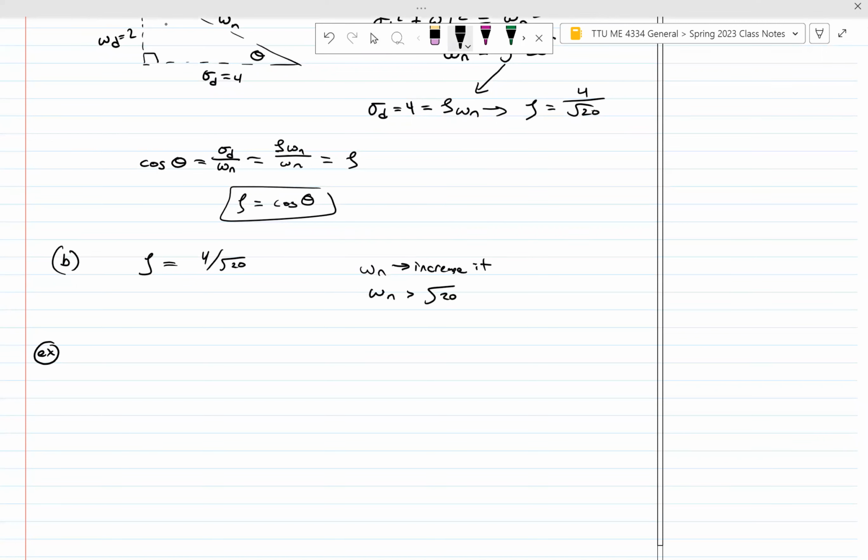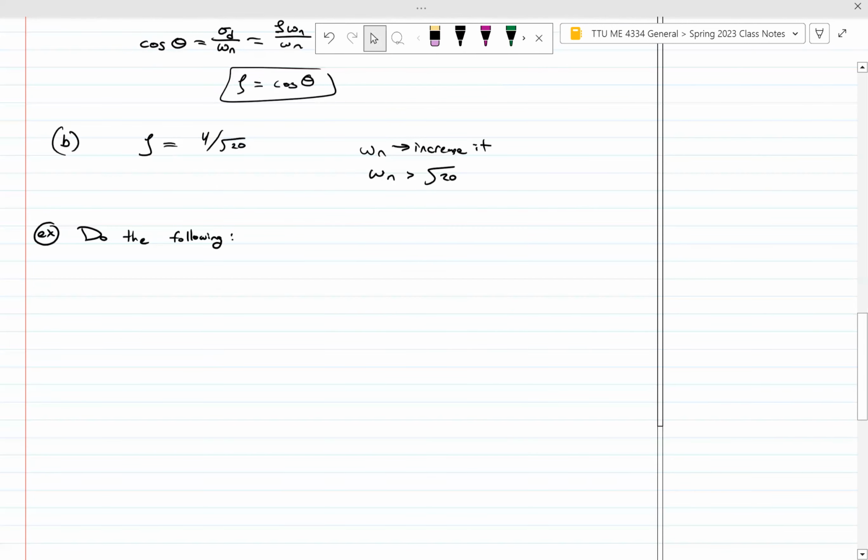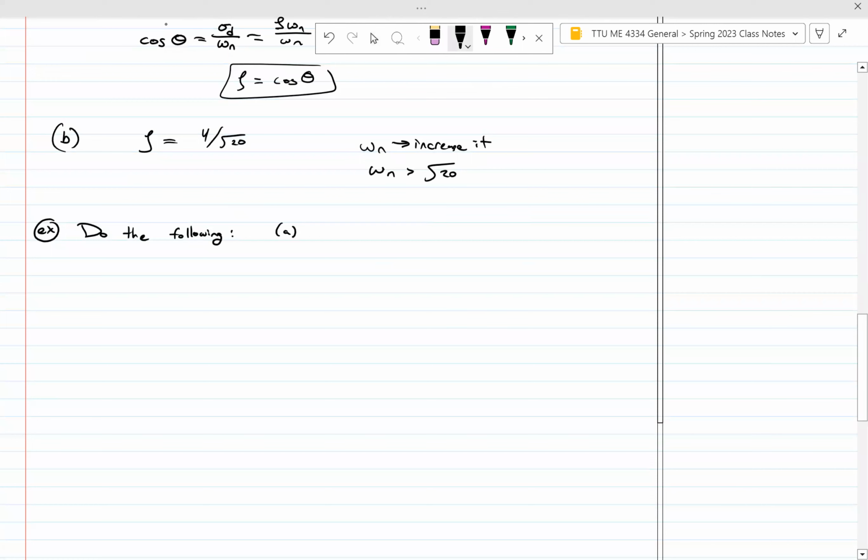So this is going to be primarily what we're covering today. I guess we can make it an in-class example. We'll break it up into pieces. But I want you guys to do the following for the system I'm about to draw out. I'm going to want you to get the transfer function for this system.